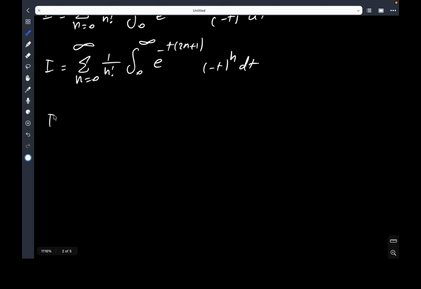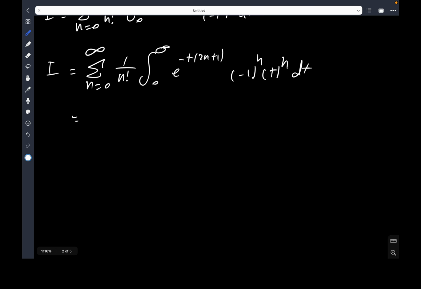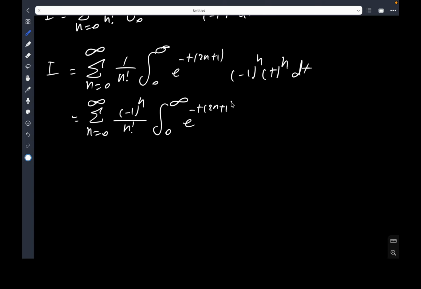This is getting really interesting. Now I can expand this negative t as negative 1 to the n times t to the n, and move the negative 1 out: the sum from 0 to infinity of negative 1 to the n over n factorial, the integral from 0 to infinity of e to the negative t times 2n plus 1, t to the n dt.